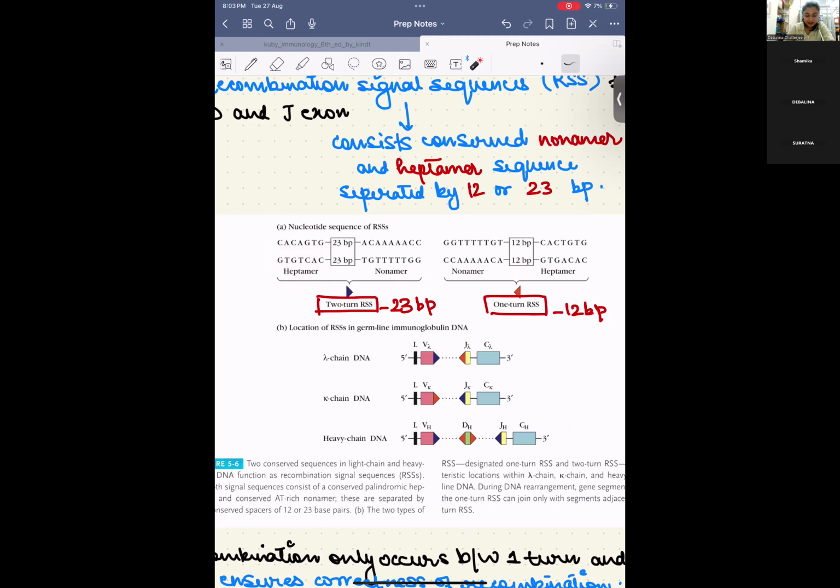Whenever there is 23 base pairs, it is going to ensure 2 turns of your DNA helix. You know that there are multiple turns in the DNA helix, right? If we have 23 base pairs separating two sequences, we have one helix here, one helix here.